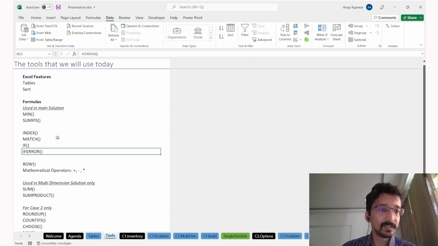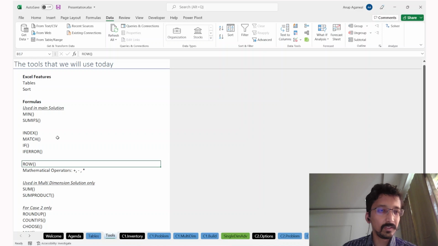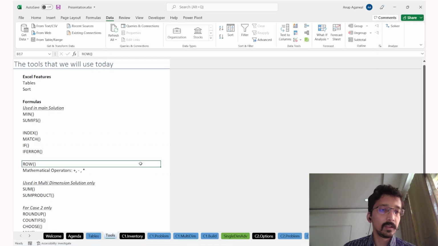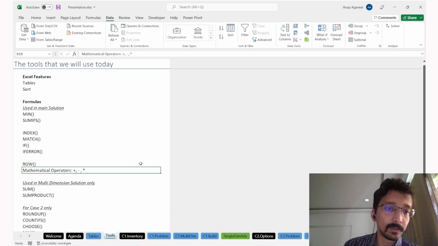The if function, the iferror function to plug some errors. You might or might not have seen the row function, which, if you write this over here, tells you that this is row 16 which you are in. That's it. We will be using a few mathematical operators, of course: multiplication, plus, and divide.